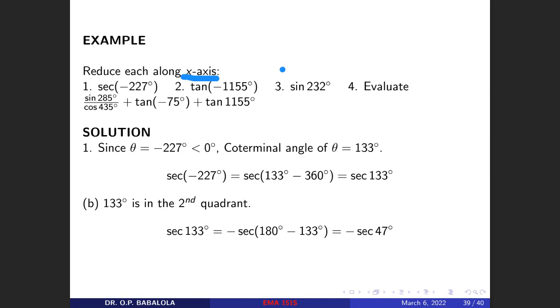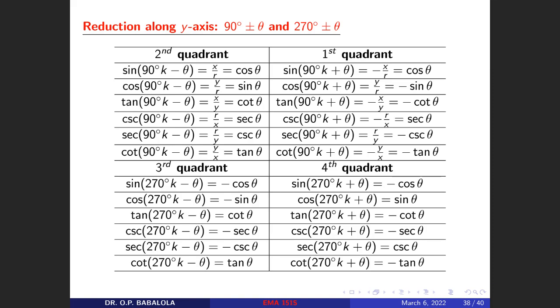And then what do we do? Remember, does the function change for 90 and 270? What do you mean by the function? Are you talking about the trig function, cos, sine, cot? It does. That's why I said it depends on the quadrant in which you have it.